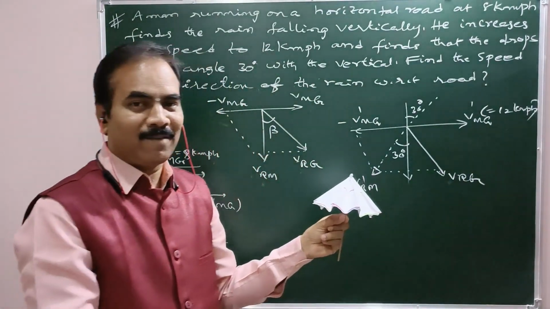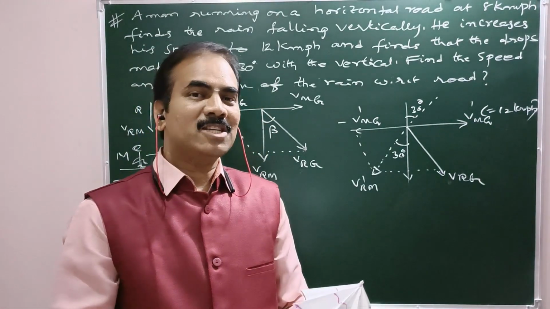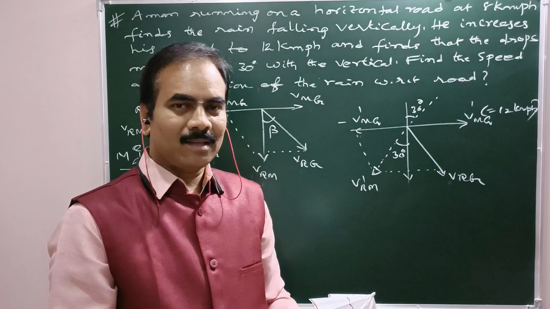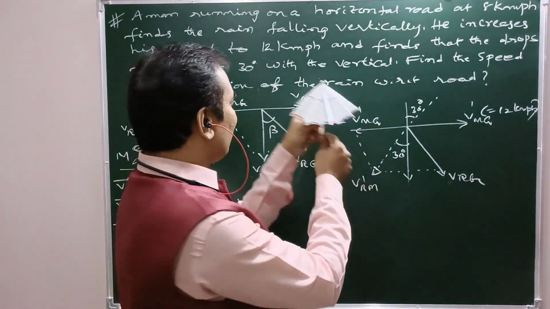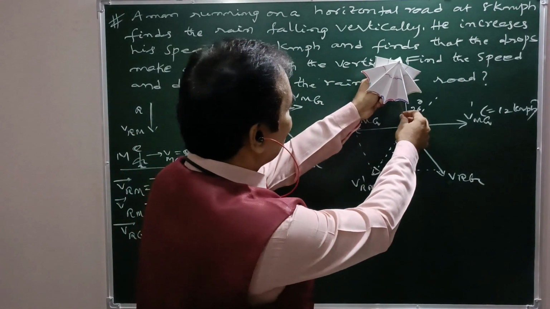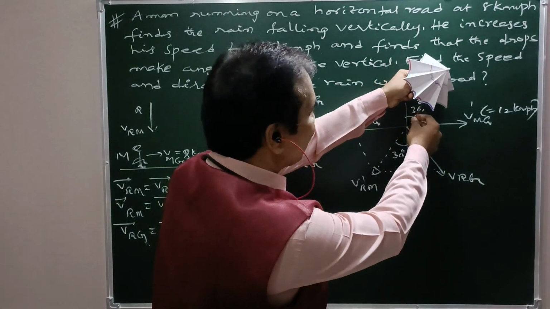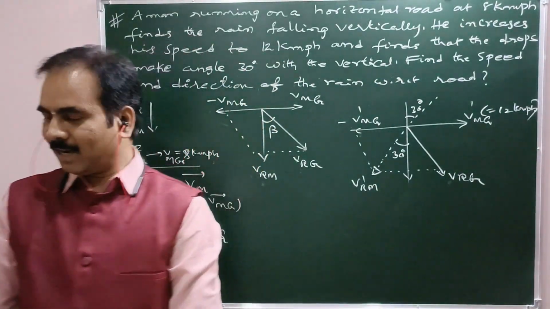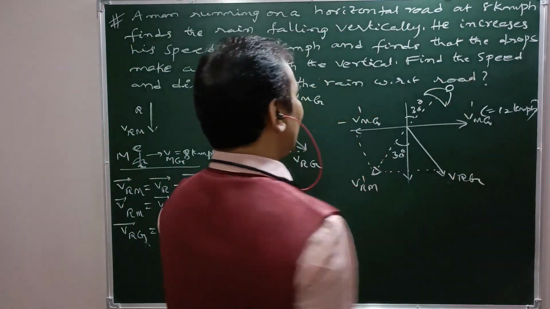That's what I told in the previous sum: if the velocity of the man increases, he must slant his umbrella further from the vertical. Now this is the position of the umbrella.